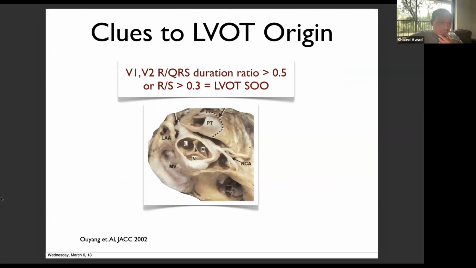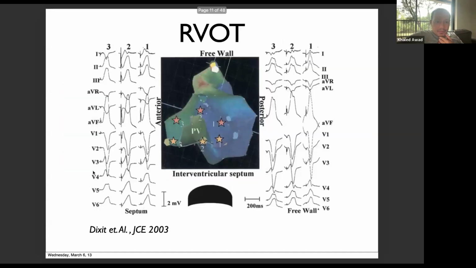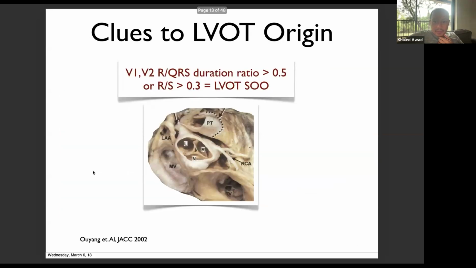This is a better section. So it's this area here, the junction between the right and left coronary cusps. It's very important. A lot of the LVOT PVCs and VT come from that area. You've got to know this very well. This area can be a problem.